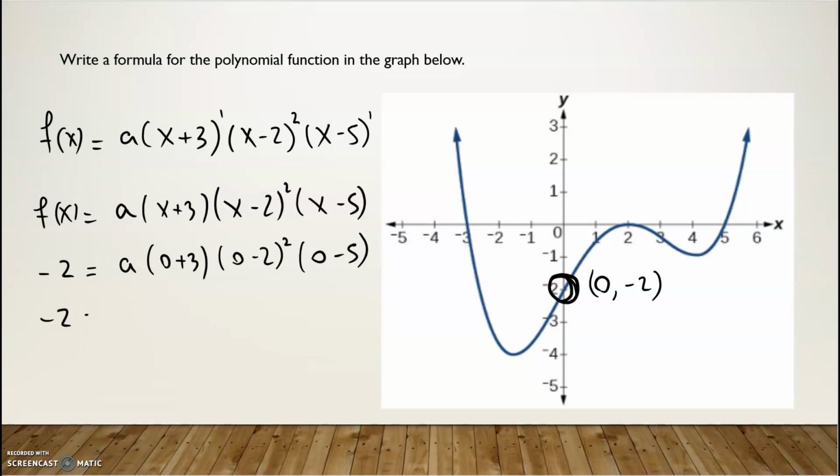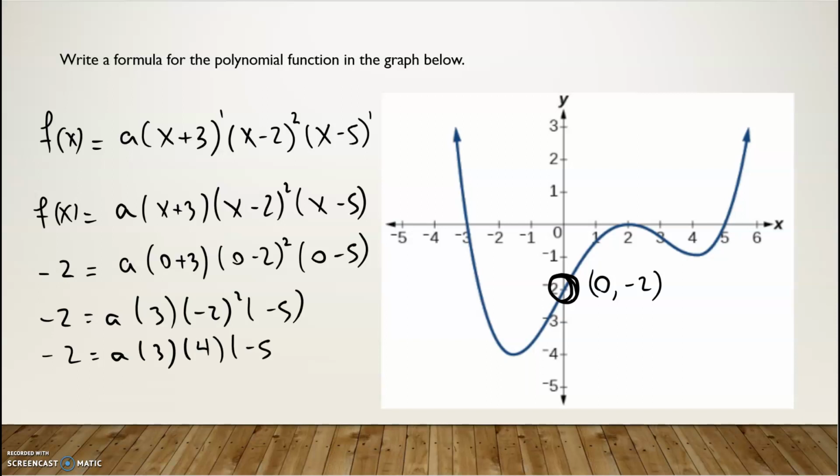So -2 is equal to a times 3, -2 squared, -5. So this is 3. -2 times -2 is 4, times -5. Okay, so we have 3 times 4 times -5. That will give us -60.